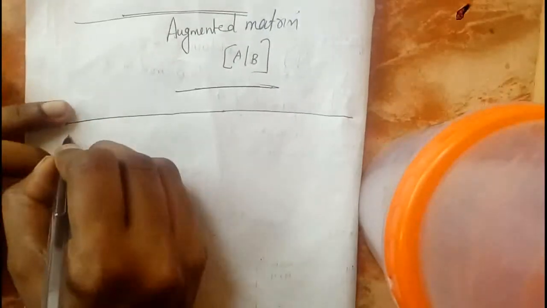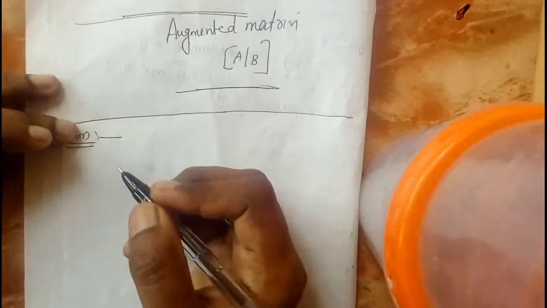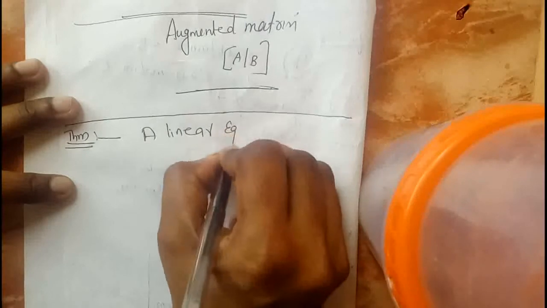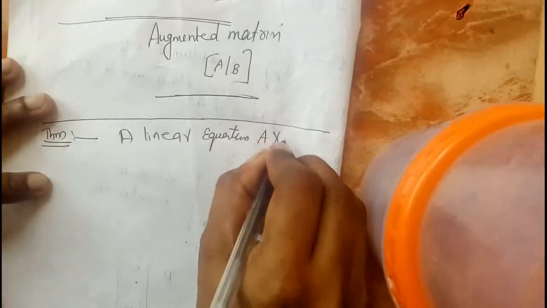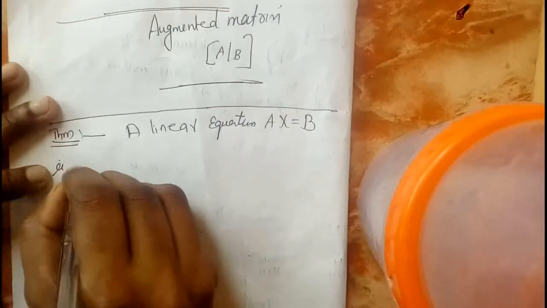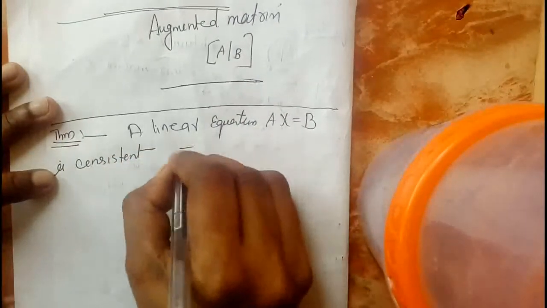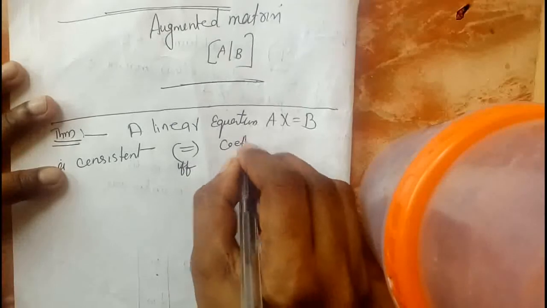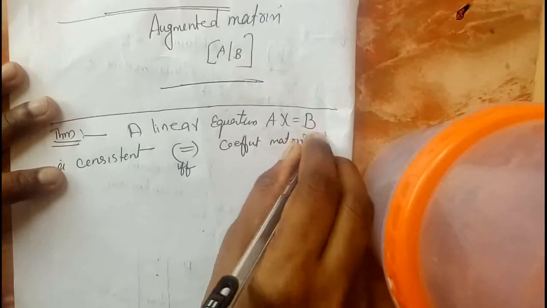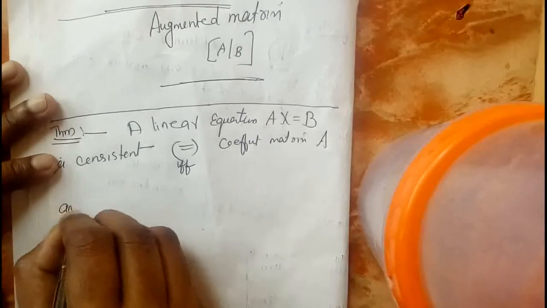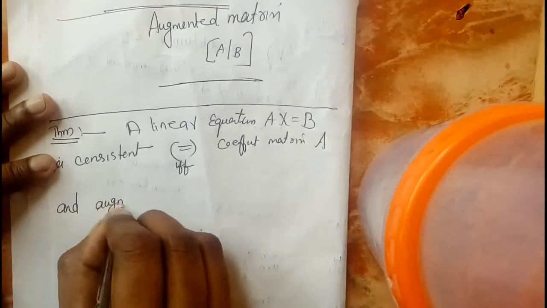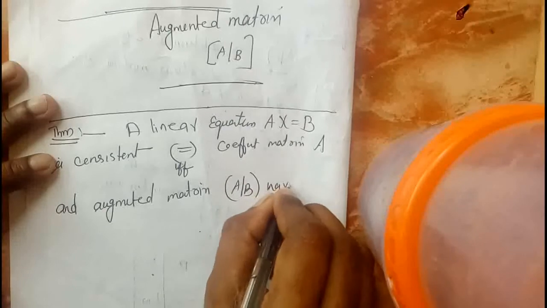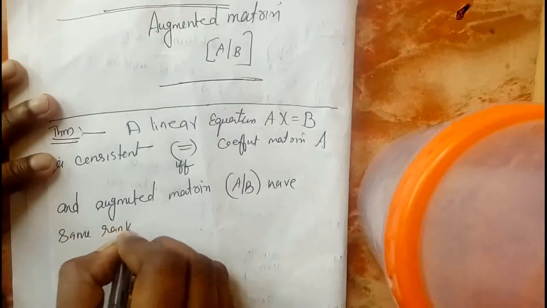So I will state one theorem related to consistency. A linear system of equations Ax equal to B is consistent if and only if the coefficient matrix A and the augmented matrix A|B have the same rank.